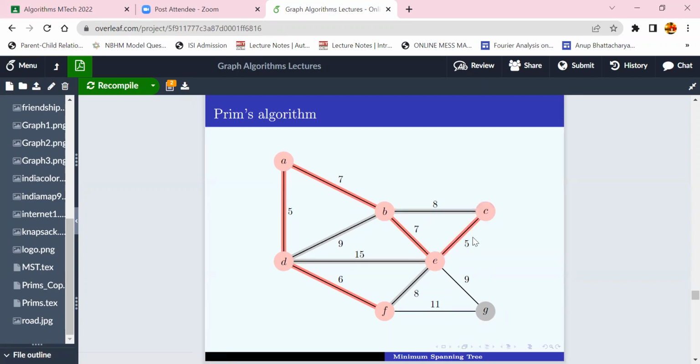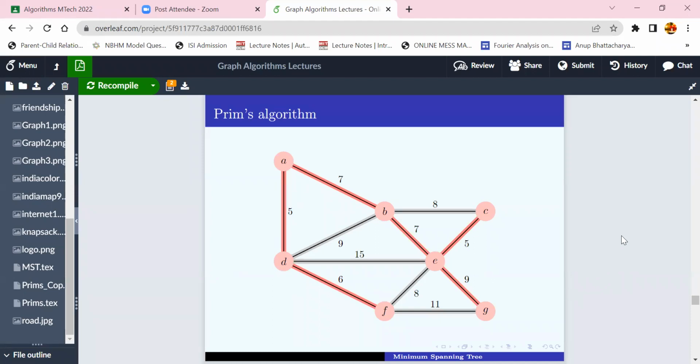So we add this edge EC, and this edge BC will no longer be eligible to add. And finally, which edge will be added? EG. Yes, very good. And we see that these red edges form a spanning tree. Not only that, it is a minimum spanning tree.